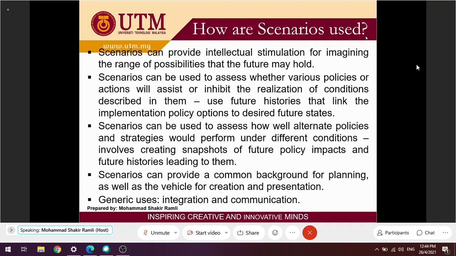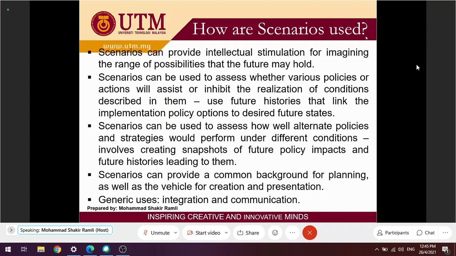When they have side effects, negative effects, they may have alternative actions, for example, like PKPD for action, SOP, and so on. The effectiveness of an alternate policy can be measured using this scenario.